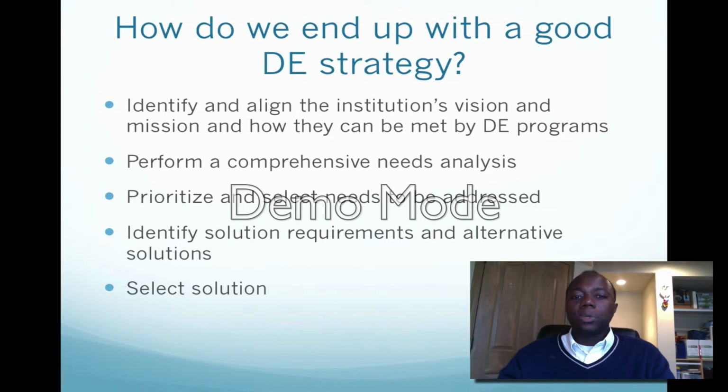Four, identify solution requirements and alternative solutions. Five, select the solution. So I'll go through each of these one at a time, and hopefully by the end of those five items, you have a clear idea on how best to select the best distance education strategy for your organization as instructional designers.